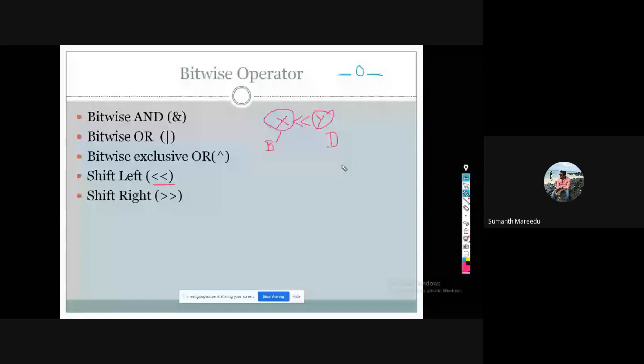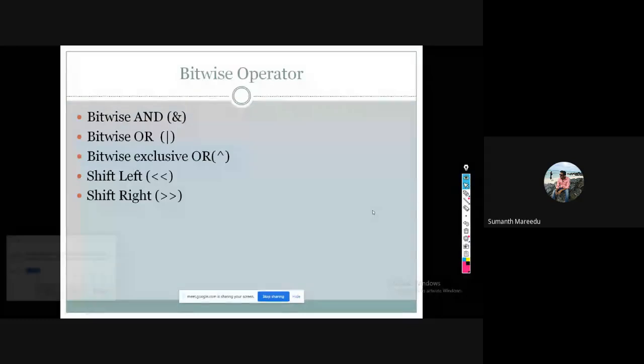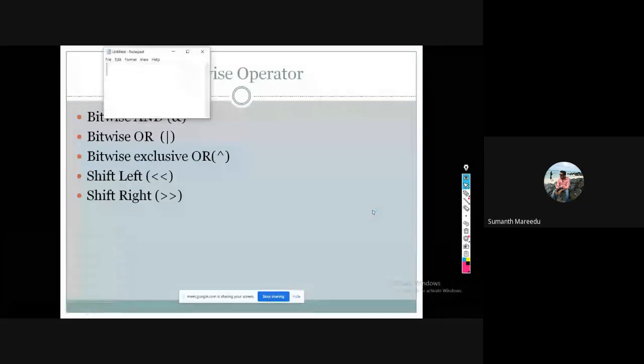Now we'll look at what actually happens with shift operations. Shift operation means shifting the bits. I'll write it like this: X left shift by Y. That means the value of X is converted into binary representation, where you have some bits.